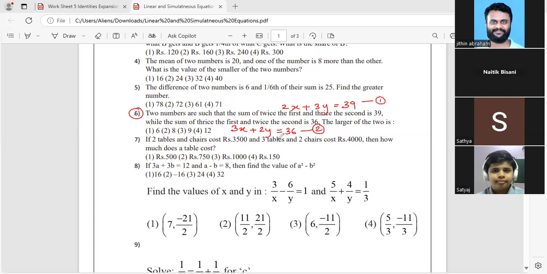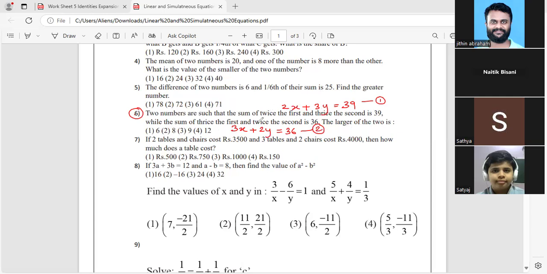Obviously we can go for guesswork, but I won't suggest it, because both are positive and the numbers are so close. One is 2, the other is 3, and the numbers are swapped. So simply find out both the numbers, and you'll understand which one is greater.